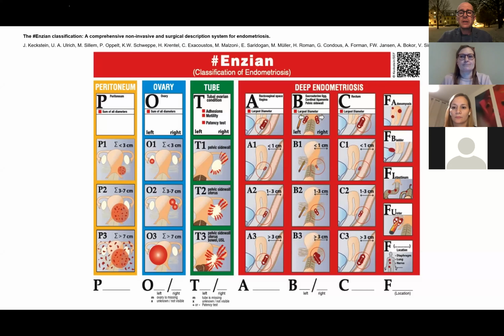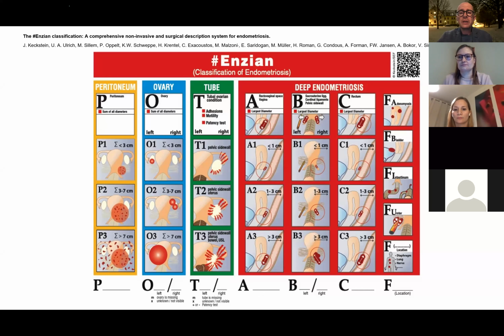And the lesions in the uterus are going to be classified as FA, the adenomyosis. The lesions on the bladder are going to be FB, just like before. FI for the bowel endometriosis lesions, and FU for the lesions that are infiltrating the ureter, not only doing a compression on it. And the FO from the old classification is going to be F, and in the brackets we can write the lesions wherever they're localized. For example, diaphragm, lungs, or nerves.